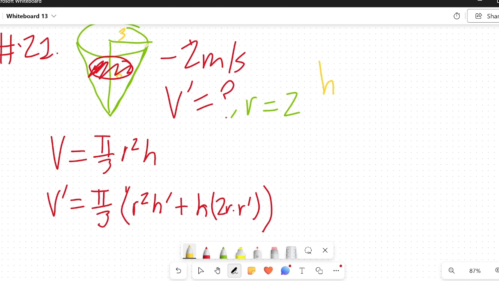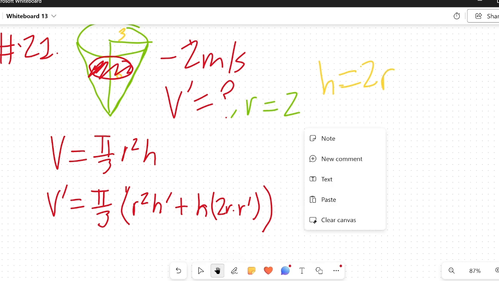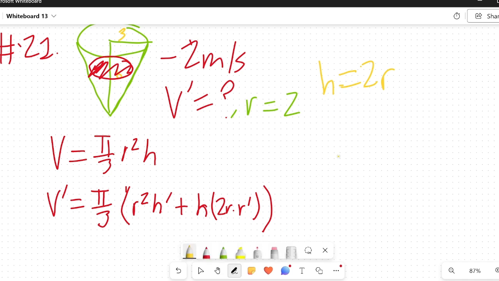Because the cross section is a triangle, the height is always equal to 2 times the radius, so the radius is always equal to height divided by 2.